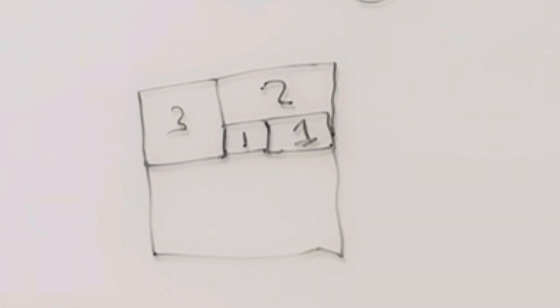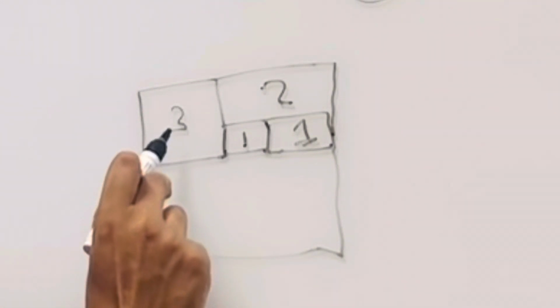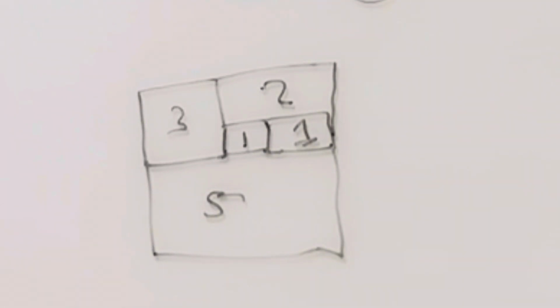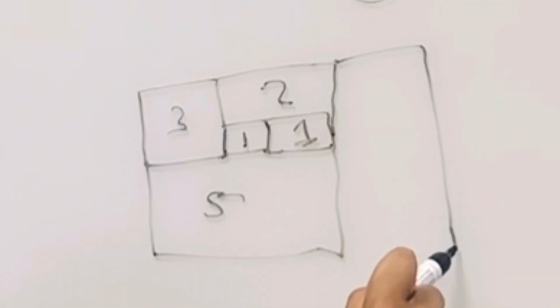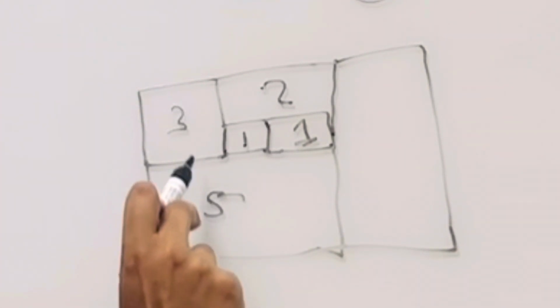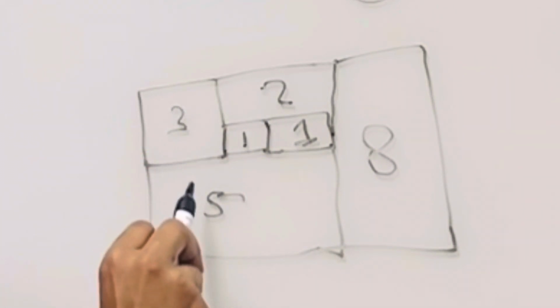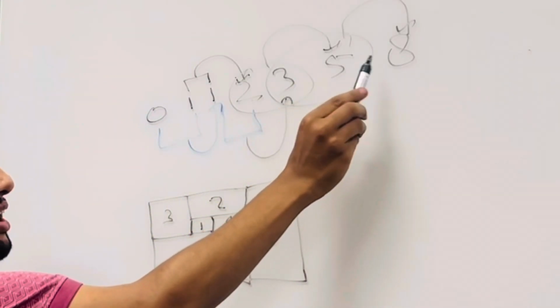Below this, if I draw one more square, I get 3 plus 2, that is 5, right? And at the right, if I create one more square, how much would it be? 5 plus 3, 8. As you can see, we have got our Fibonacci number series 1, 1, 2, 3, 5, 8, right?